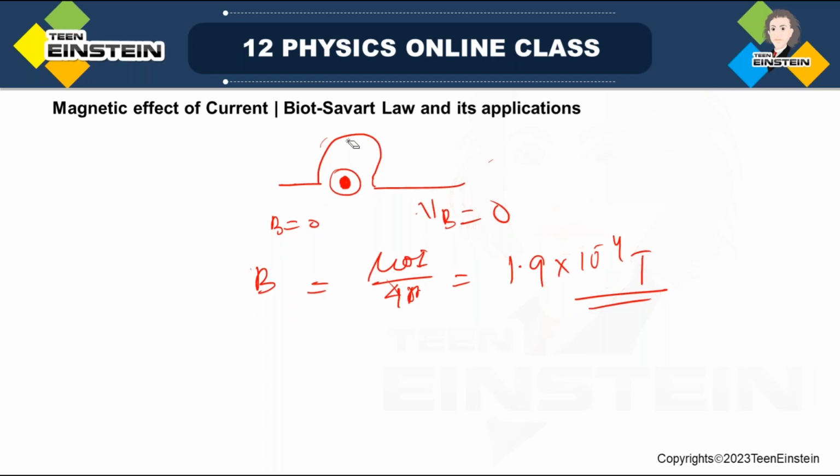The direction of the current is not this way, that's why the direction will be different. Now it will be upward, coming out of the page, whereas the value will be the same, 1.9 into 10 to the power minus 4 Tesla.